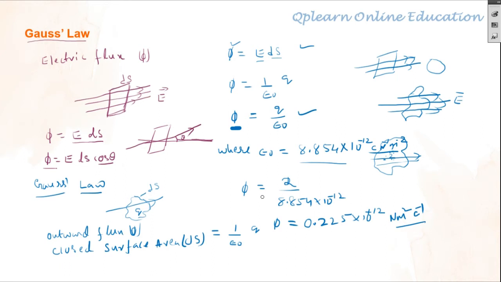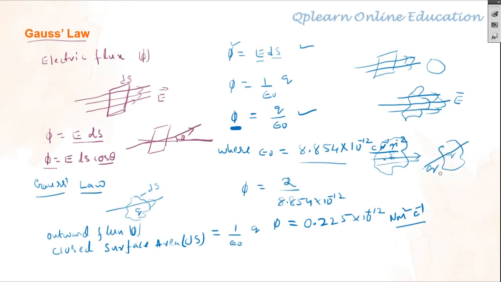Are you clear? For this purpose we use Gauss law. In electric field we also have a formula, but that formula is applicable only to a certain extent, and we can't go beyond that. So if you use Gauss law, you can take any irregular shape. Within that, see how much charge is enclosed, what charge is present inside that area.